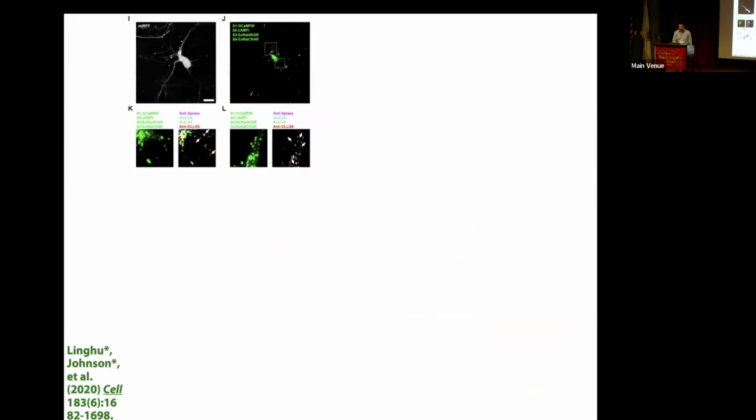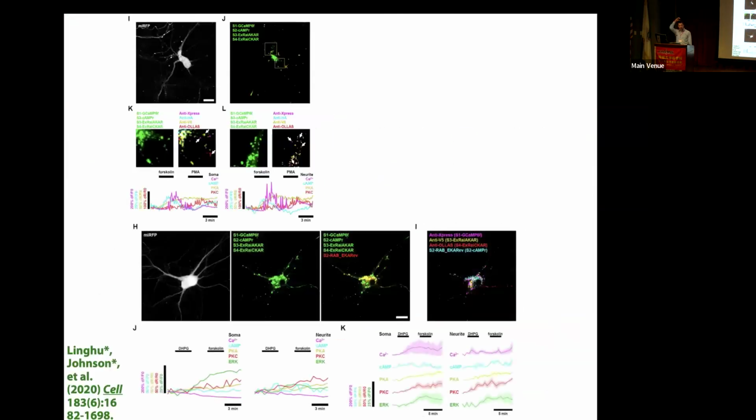Let's see. Yeah, so I showed 3, 4, and 5 things being imaged at the same time. And one question that I think we're having to wrestle with is just how to deliver many, many genes to a cell. So one thing we're trying to do is figure out how to deliver 10 genes to a cell reliably, 20 genes to a cell reliably.